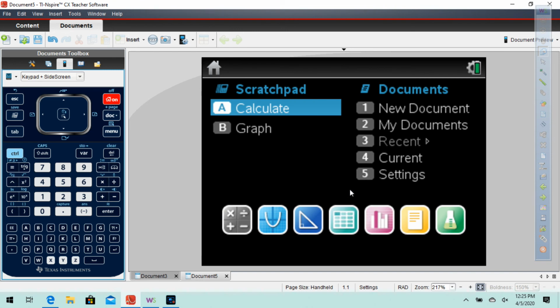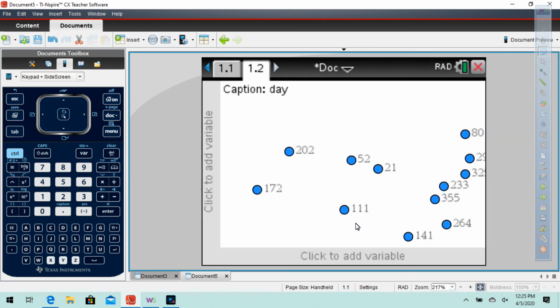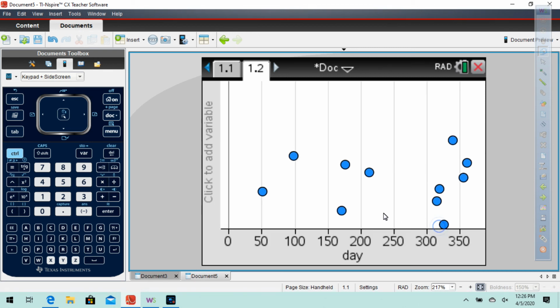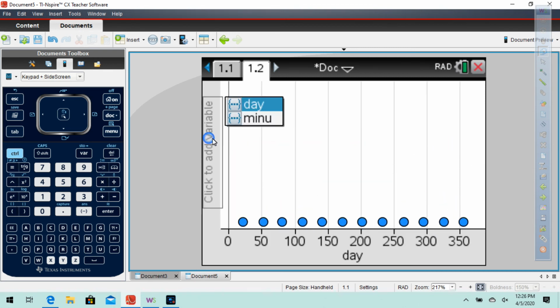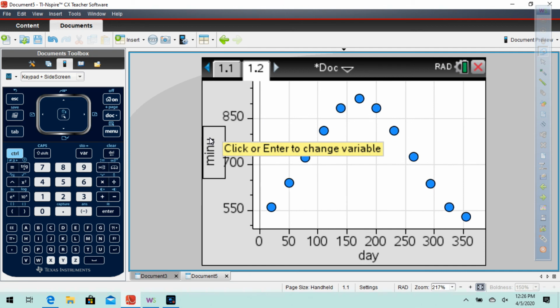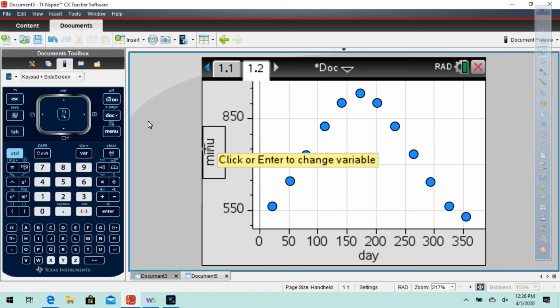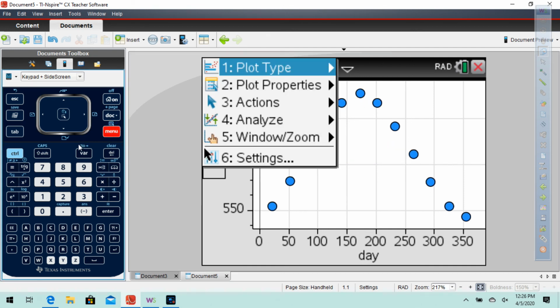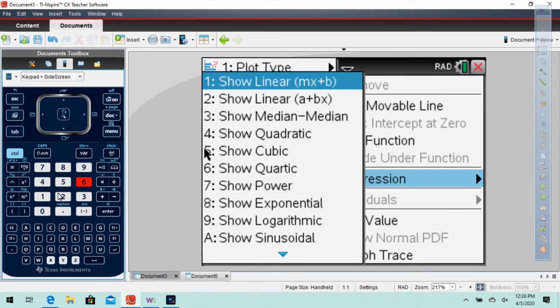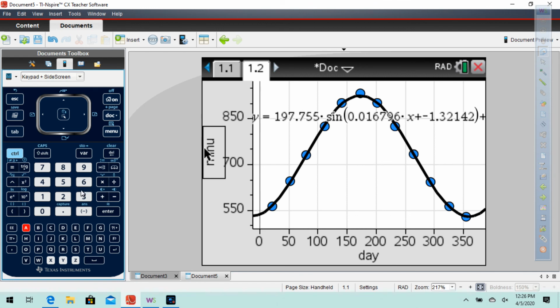Make sure our cursor is back in the graph. Our independent variable is day, and our dependent variable is minutes. And it looks sort of like that. Menu, 4, 6 for the regression, A for the sinusoidal, and there we go.